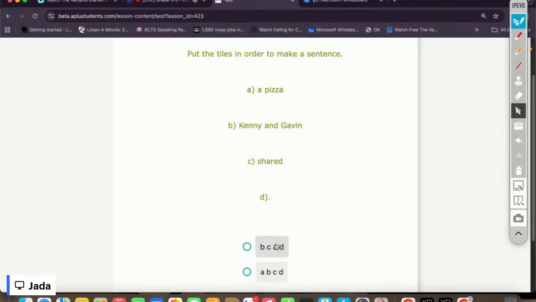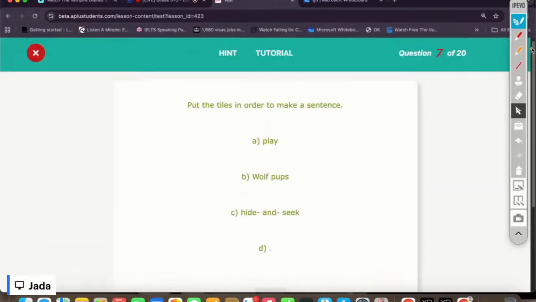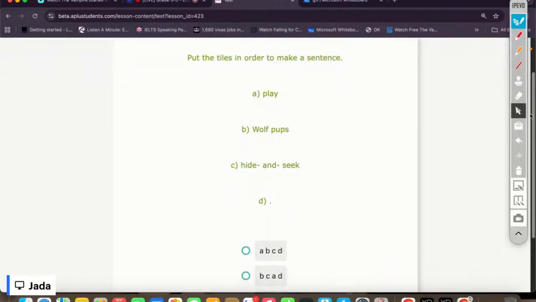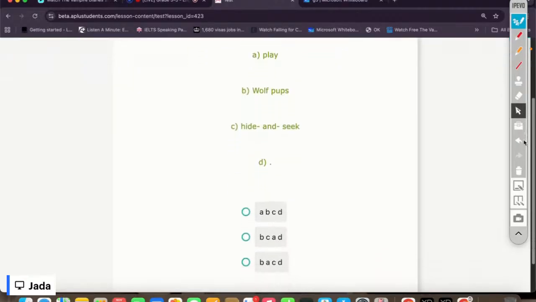Okay, so Kenny and Gavin shared a pizza. Then play, Wolf Pups, hide and seek.